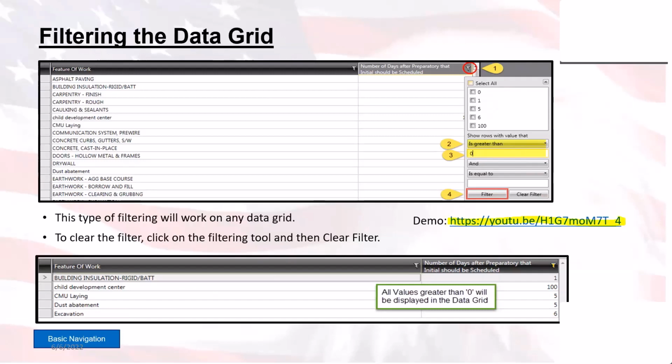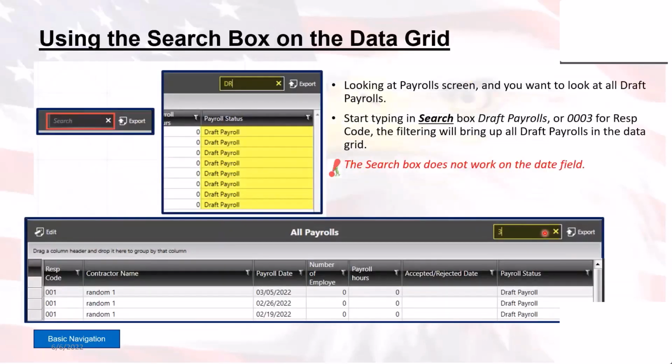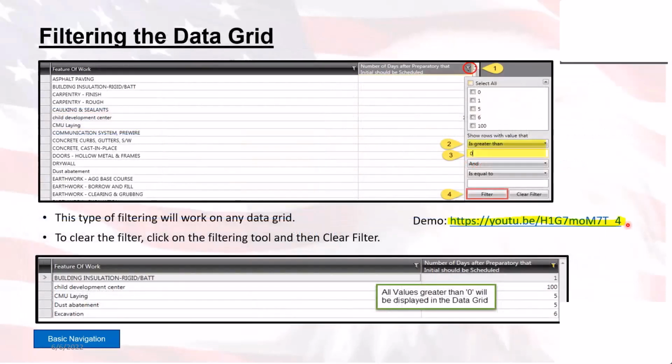You can also do and/or statements, so you can test for 2 different things at the same time. Then you can just click on the filter again once you're done to close that box, and it'll still show the filter in the data grid. You can click on the funnel icon again and say clear filter if you want to get back to the original view. And that video link that was on that page is a YouTube video that covers how to do that, a live demonstration of it.